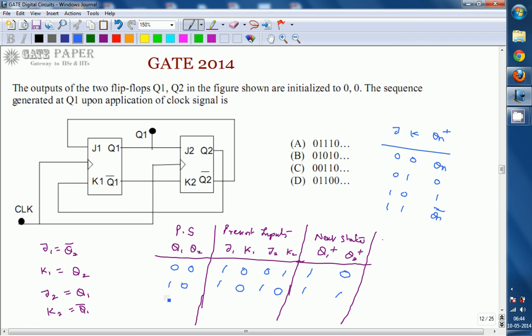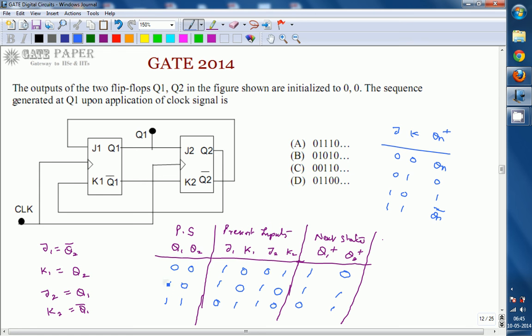Next, the present state is 1, 1. Whenever it is 1, 1, J1 K1 you will get as 0, 1, because J1 is Q2 bar and K1 is Q2, and here J2 K2 you will get as 1, 0. Because of this, 0, 1 is nothing but reset, 1, 0 is nothing but set.